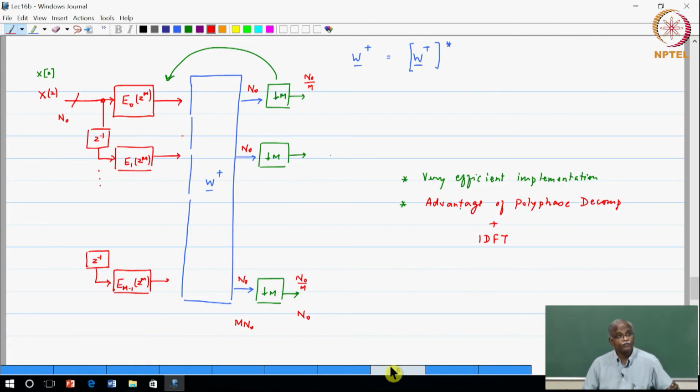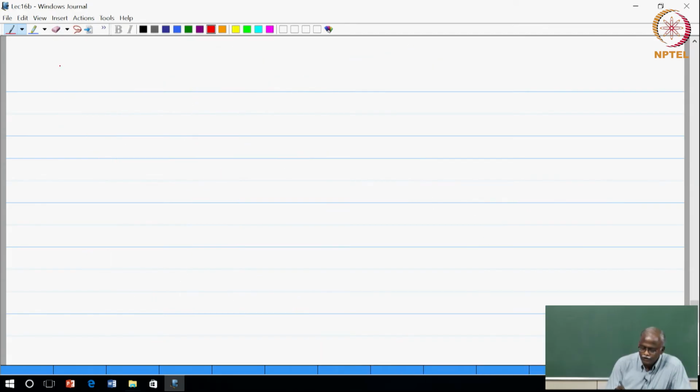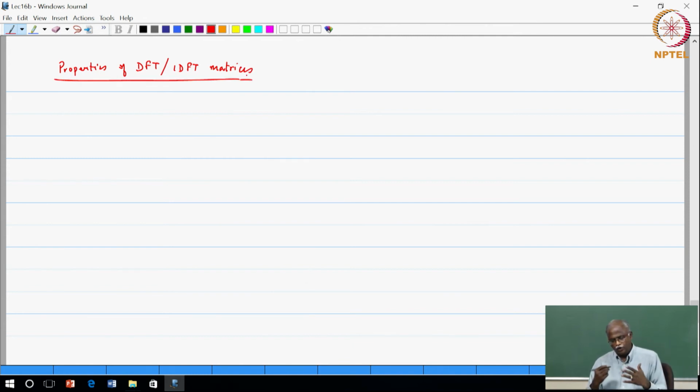So, properties of the DFT and IDFT matrices. In case you are not very familiar with this, I request you to brush up on linear algebra and some of the basic definitions that we would like to discuss here.